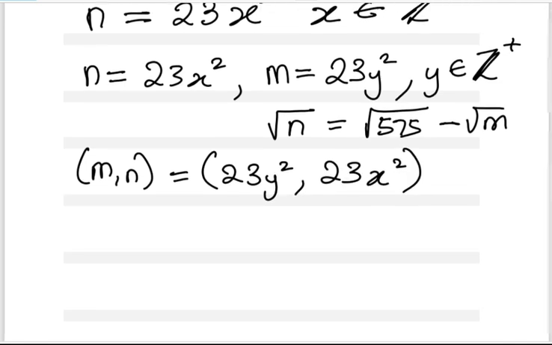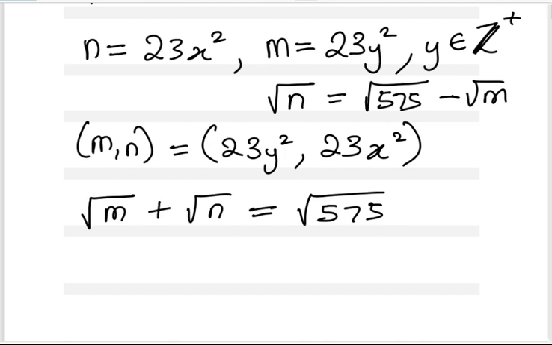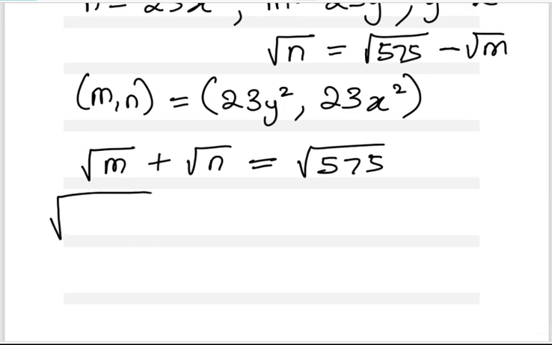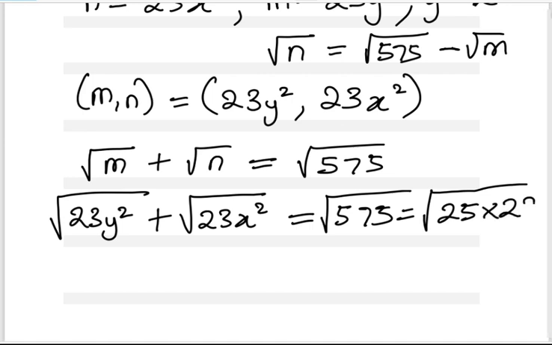Okay, so the next thing we're going to do, we're going to put this back into the main problem. So we have square root of m plus square root of n equals square root of 575. So let's substitute this term. So this will be square root of 23y squared plus square root of 23x squared. This is equal to square root of 575, which is square root of 25 times 23.